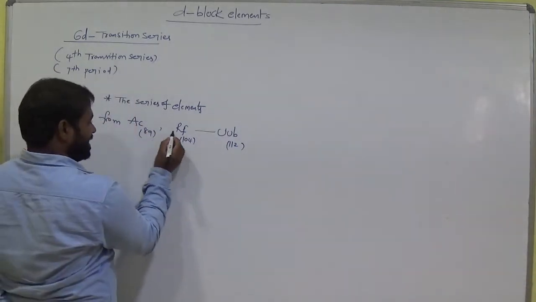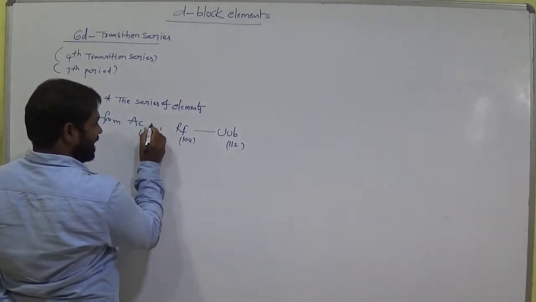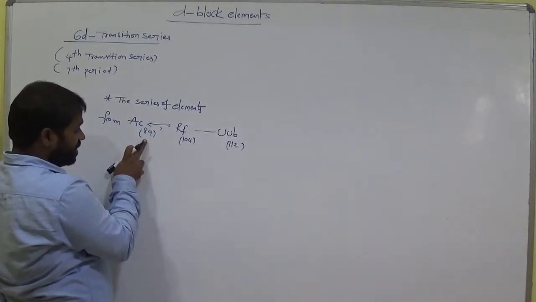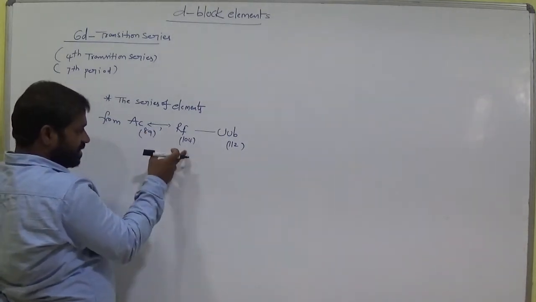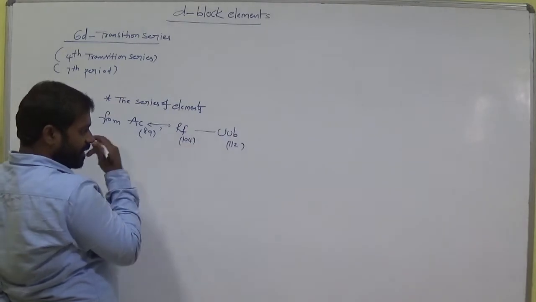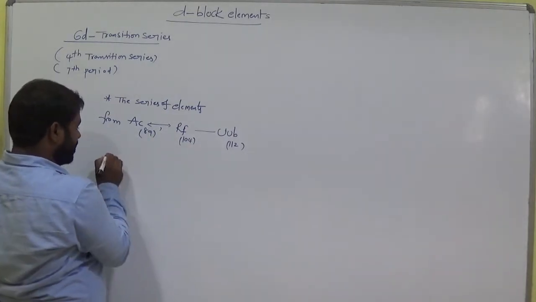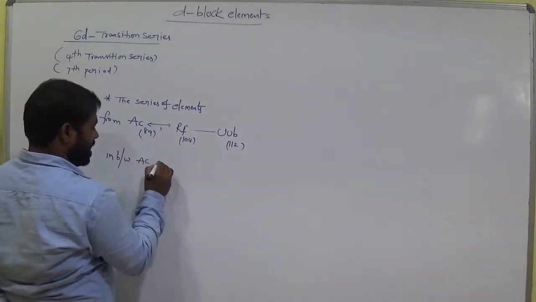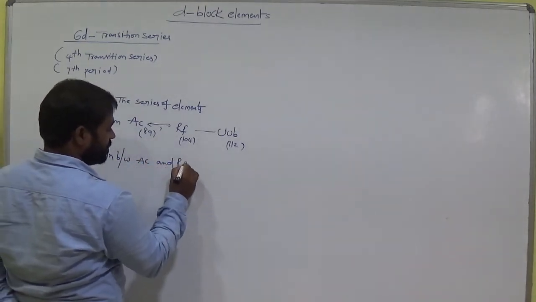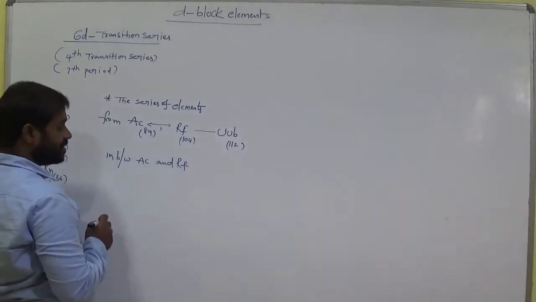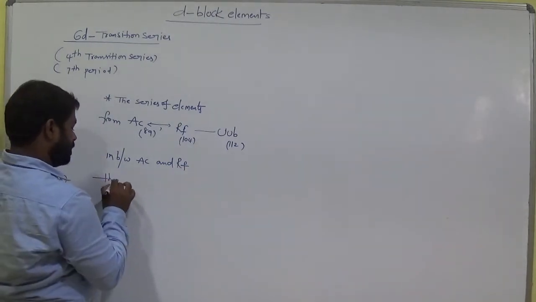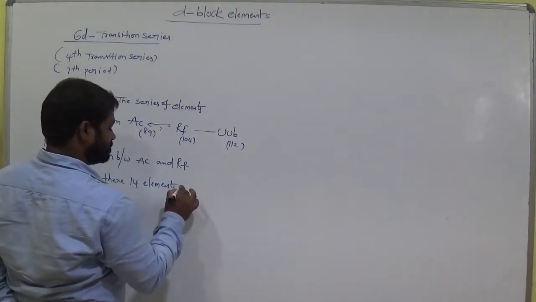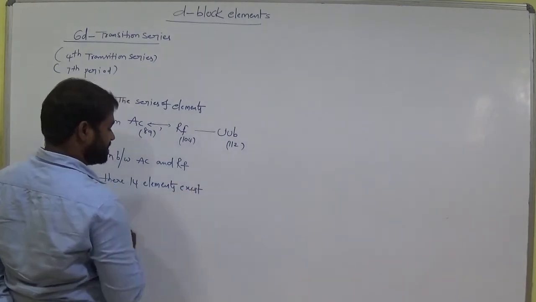So in between actinium, which is 89, and Rutherfordium, which is 104, there are 14 elements that exist.